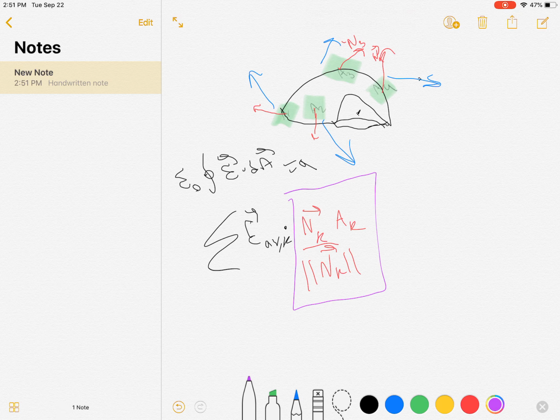So as you can see here, these n vectors, n1, n2, n3, those are in the same direction as this area vector. And let me just say equals A, right? So that's just the definition of the area vector.